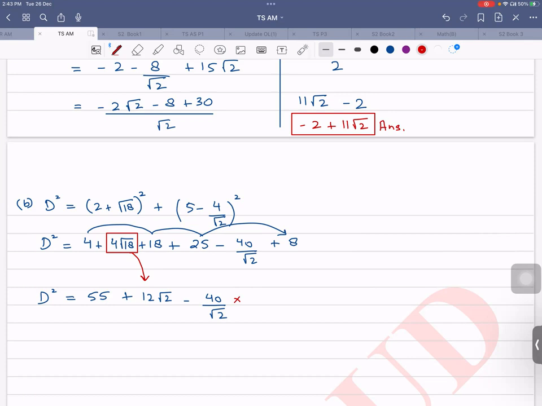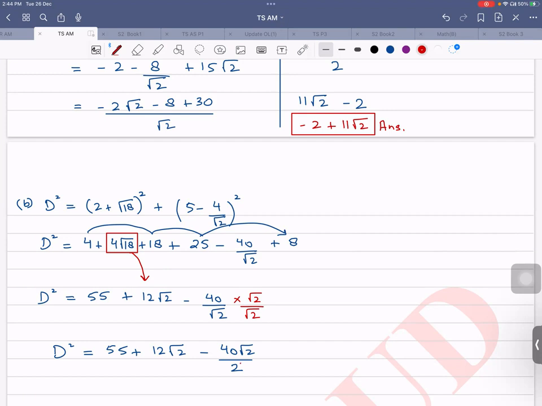We can rationalize. Okay, let's rationalize first. In the last part, we took LCM first, and in this part we are rationalizing first, so that we know both the methods. This becomes 55 plus 12 square root 2 minus 40 square root 2 upon 2.